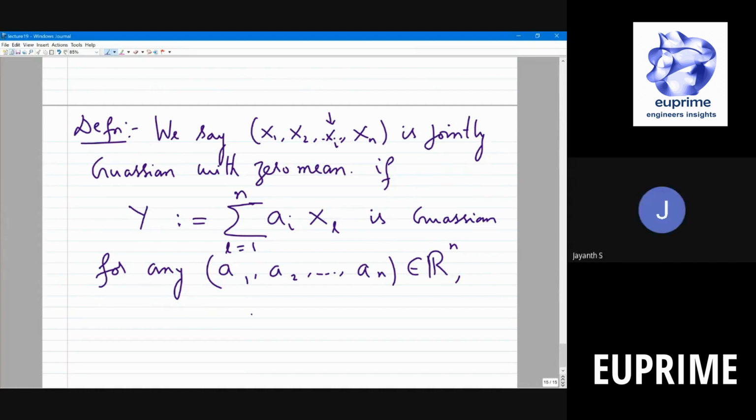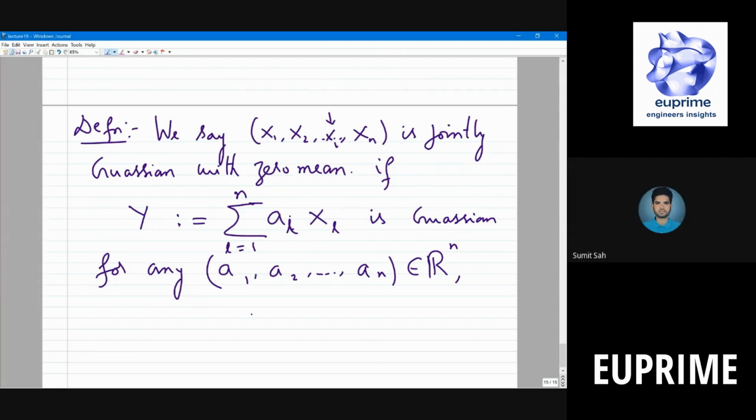That means I take any combinations of x1 through xn, and the resulting random variable is Gaussian. Yes, it's a_l, you are right. Good. Is that fine? You take linear combinations; I'll give you numbers a1 through an. Think of it as a game.